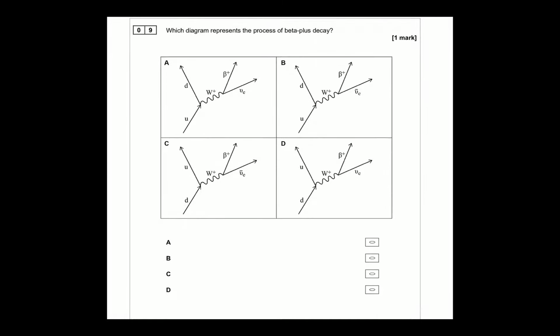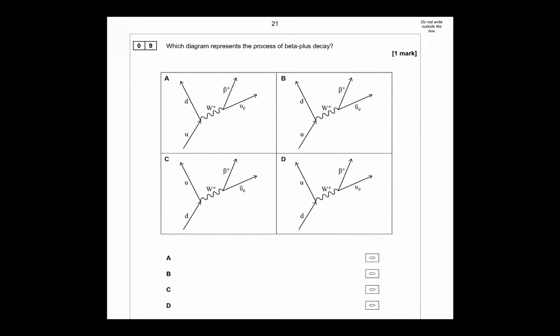So beta plus decay. Remember that time flows that way in a Feynman diagram.